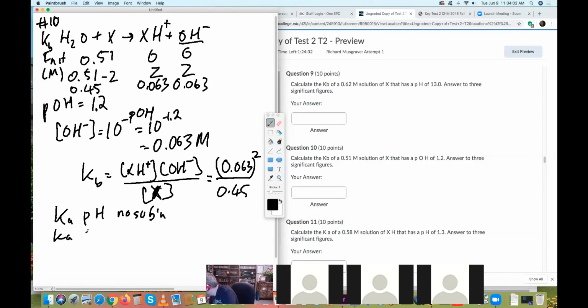If you're given Ka and POH, you will have to do the subtraction. If you've got Kb and pH, you'll have to do the subtraction. And if you've got Kb and POH, you don't have to do the subtraction.